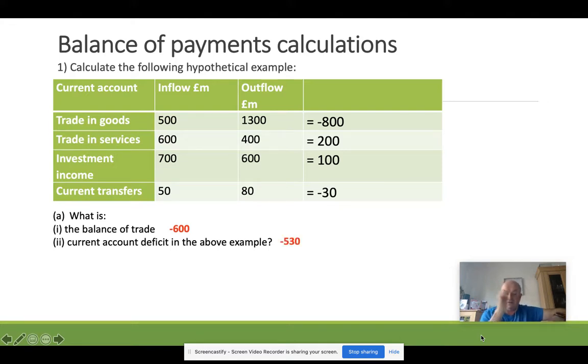So we've got essentially two negative numbers, minus 800 and minus 30, so that's minus 830, but we take the two surpluses away from that, and we end up with negative 530 as our current account deficit in the example shown. Okay, so hopefully that's getting you familiar with the process, and if you are faced with something like that, you should be able to make a judgment on the current account and whether it's in deficit or in surplus.